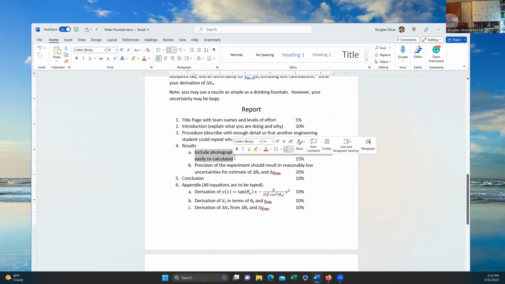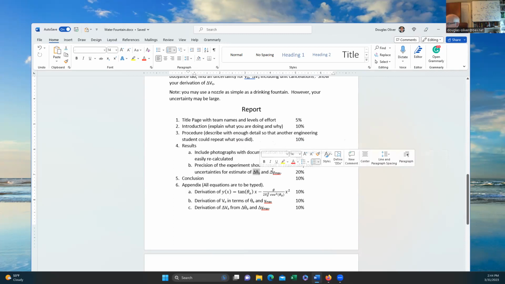You use Photoshop for that, your angle and your Y max and your uncertainty in angle and Y max. So show that on your photograph. And I want you to get this as precise as reasonable. By precise, I mean small value on your uncertainty in angle and small value in uncertainty in Y max.